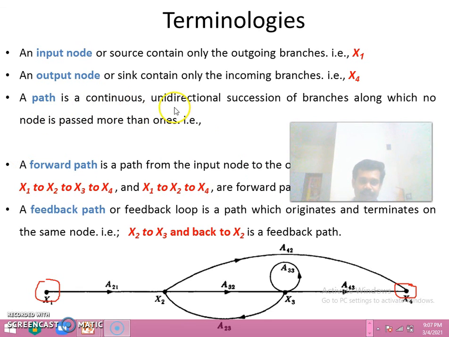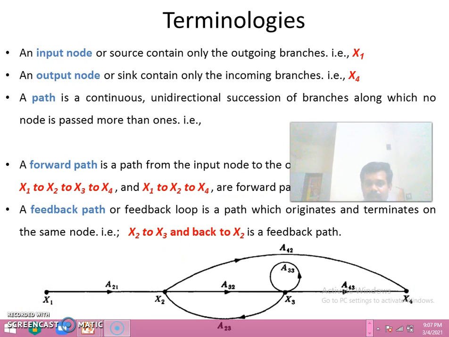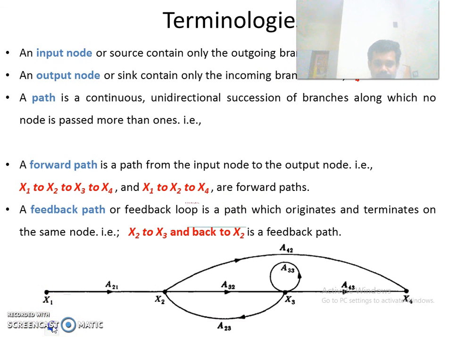A path is a continuous unidirectional succession of branches along which no node is passed more than once. So first path is x1 to x2, x2 to x3 and x3 to x4.